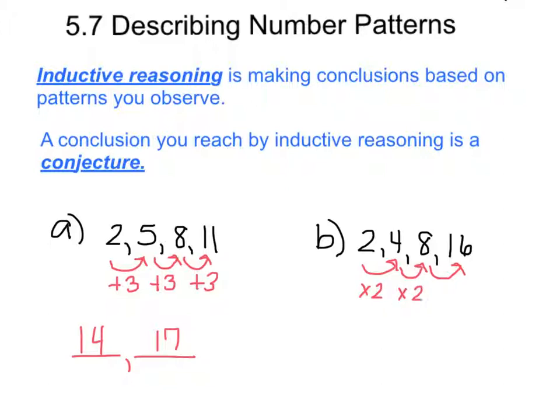The pattern is multiplying by 2. If we multiply the previous term by 2, the next 2 terms would be what? They should be 32 and 64.